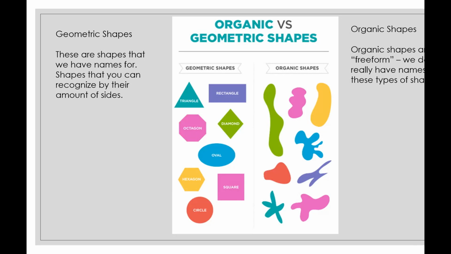A rectangle is very precise. You can look at it and go, oh yeah, that's a rectangle. But if you look over on the other side, they mostly look like blobs or splatters or clouds or things that don't have a precise or exact shape. You're going to be using both of these things today. You're going to start with an organic shape, but then you're going to be making geometric shapes.